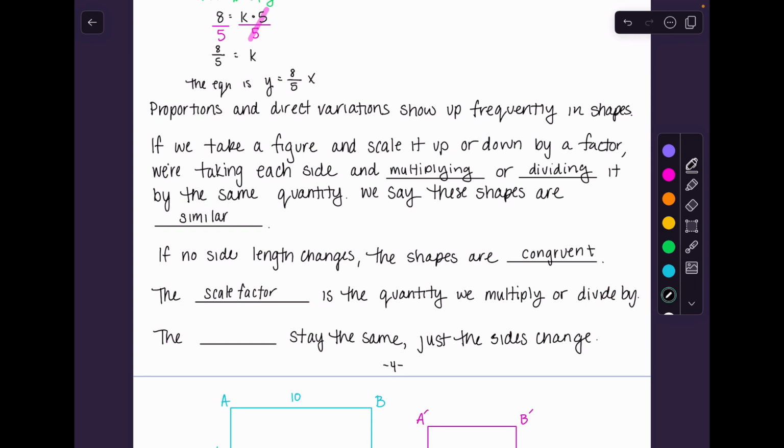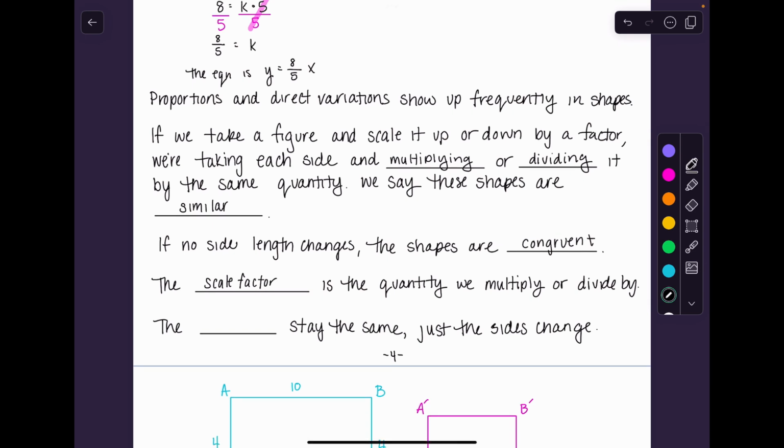And we'll look through an example like this. Okay. So the only thing that's being affected here is the side lengths. Every side is going to change by the same multiplying factor. So as a result of doing this, the angles in your shape are going to stay exactly the same. Just the sides are changing.